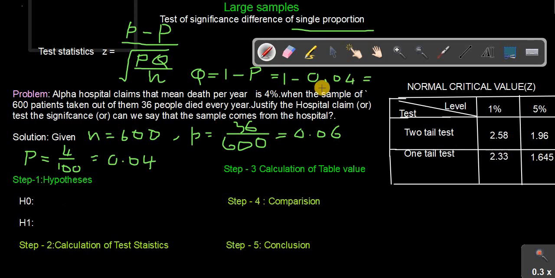We are getting 0.96. So the Q value is 0.96.